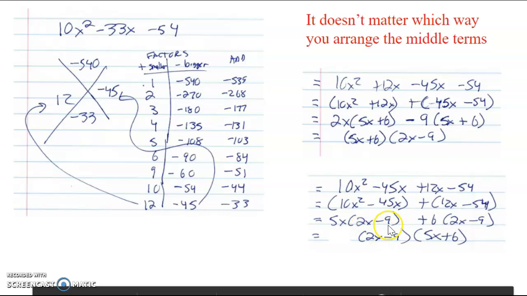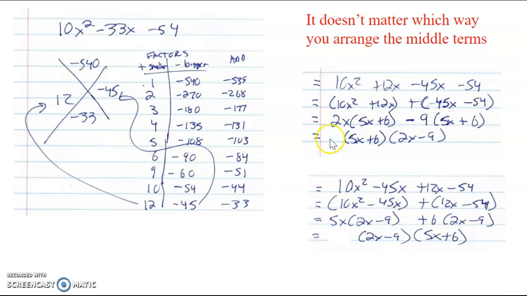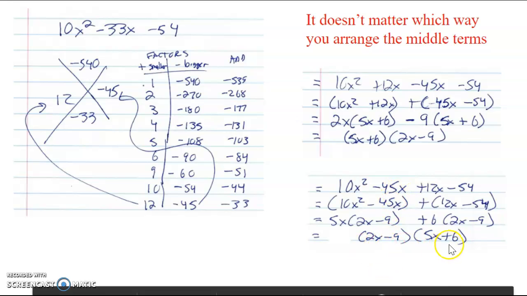So 2x minus 9 is common to both in this case, whereas before it was 5x plus 6 that was common to both. So you're going to get different factors being common when you swap this. But it does not matter whether you put plus 12x first or negative 45x first. You're still going to get the same answer.